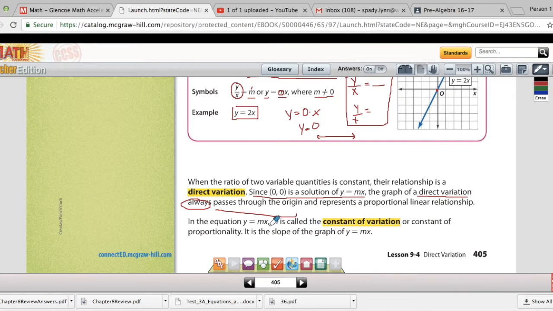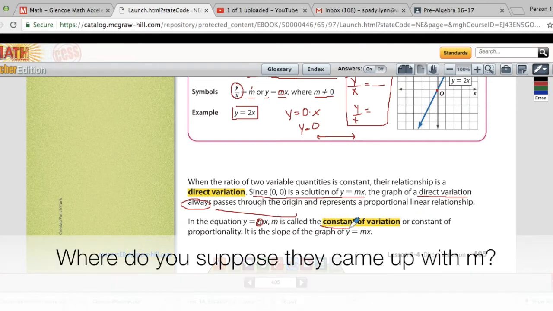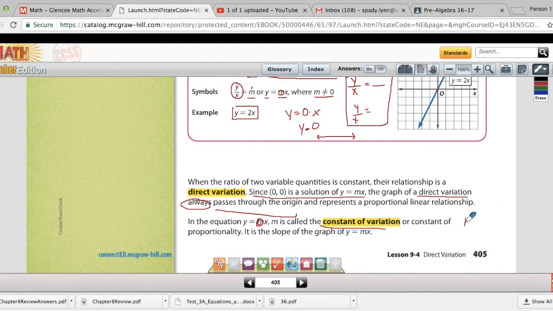And then we call that m value, that slope, the constant of variation, and it actually has another name, and it's called k. As we go through these lessons, hopefully you're picking up that there's lots of different ways to refer to things, but it still means the same thing.